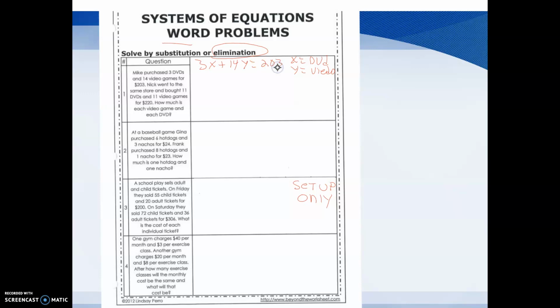Okay, let's look at Nick now. So Nick bought 11 DVDs, so that would be 11X, right? And he bought 11 video games, which would be 11Y. Okay, and that cost him $220.